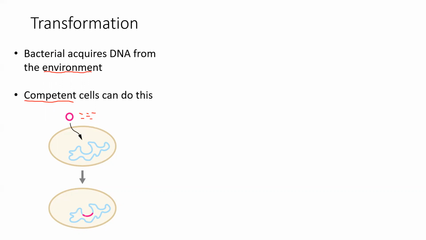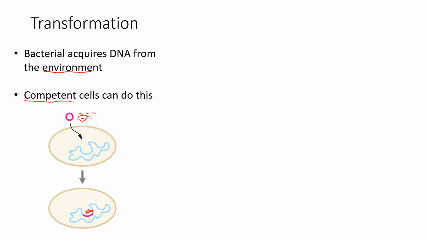And then you'll notice what happens is the bacterial cell can normally integrate that piece of DNA into its chromosome. So whatever that DNA coded for, that new protein, that new cell is able to make. Okay, so I don't know, maybe this happened to code for antibiotic resistance or something.